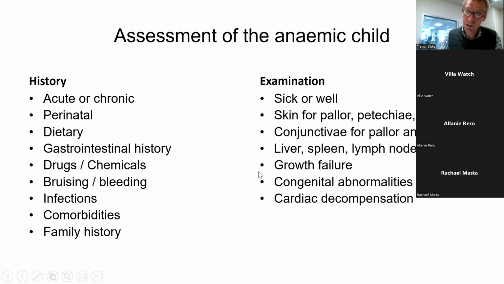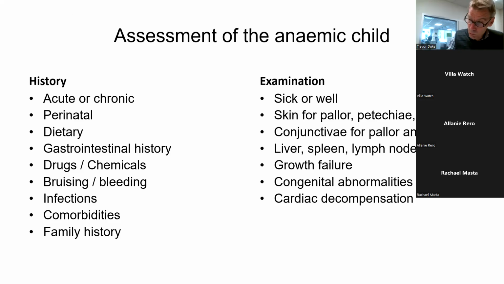If a child's got chronic anemia, then they'll often have growth failure. And there are some conditions, bone dysplasias for example, that lead to growth failure and are associated with anemia. And then there are rare conditions, don't worry too much about this, that are associated with congenital abnormalities that are associated with anemias.